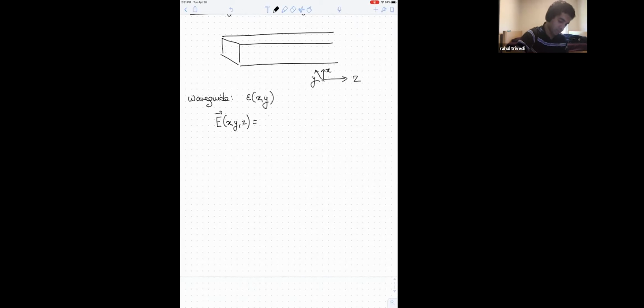But generally speaking, our electric field looks like some function of X and Y multiplied by exponential i beta z. This is what the mode of a waveguide looks like. This beta is called the propagation constant, and this function of X and Y is what we'll call a mode profile. You can calculate these by solving an eigenvalue problem.